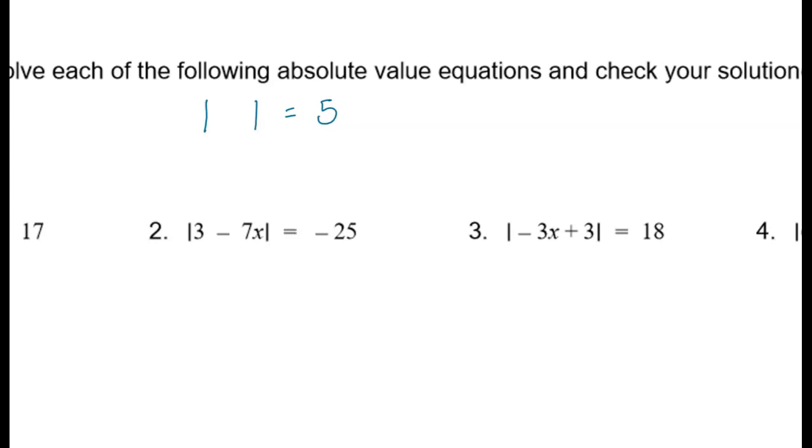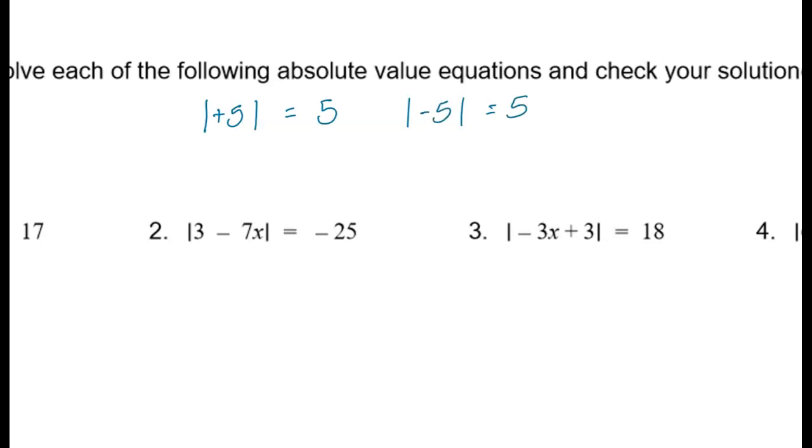Now, say I have an absolute value of something equal to 5. Is there one thing that could go in that absolute value to equal 5, or are there 2 things that could go in that absolute value to equal 5? 2. 1 is a positive 5, and the other is what? Negative 5.